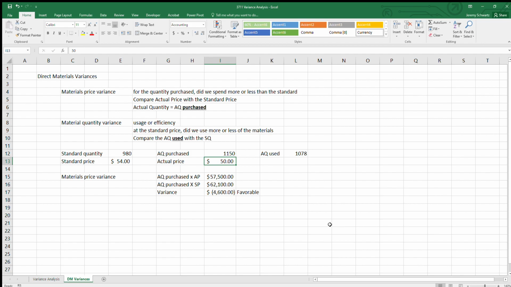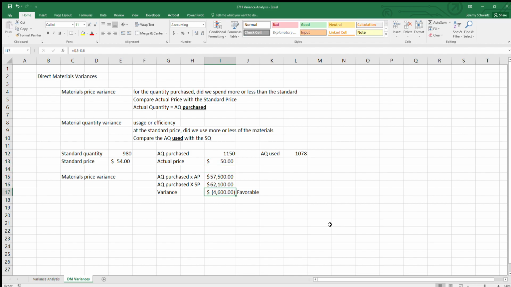It's coming through from a cost standpoint as favorable because we're spending less than what we thought we would have, in terms of what the plan was. Maybe we had a really good negotiator, and indeed you see that we purchased 1150, and maybe we were able to get a good rate, a discounted price for that.